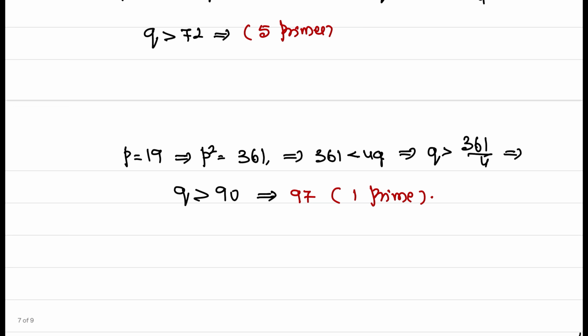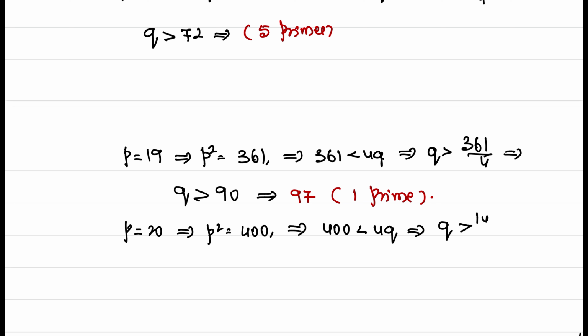If P is equal to 20, P square is equal to 400. That implies 400 is less than 4q, so q is greater than 400 by 4, that is, q is greater than 100.